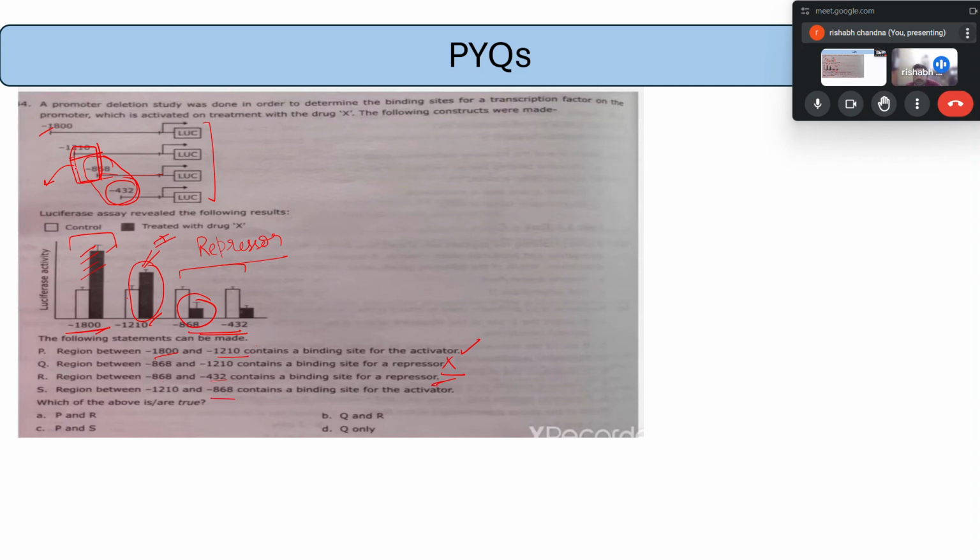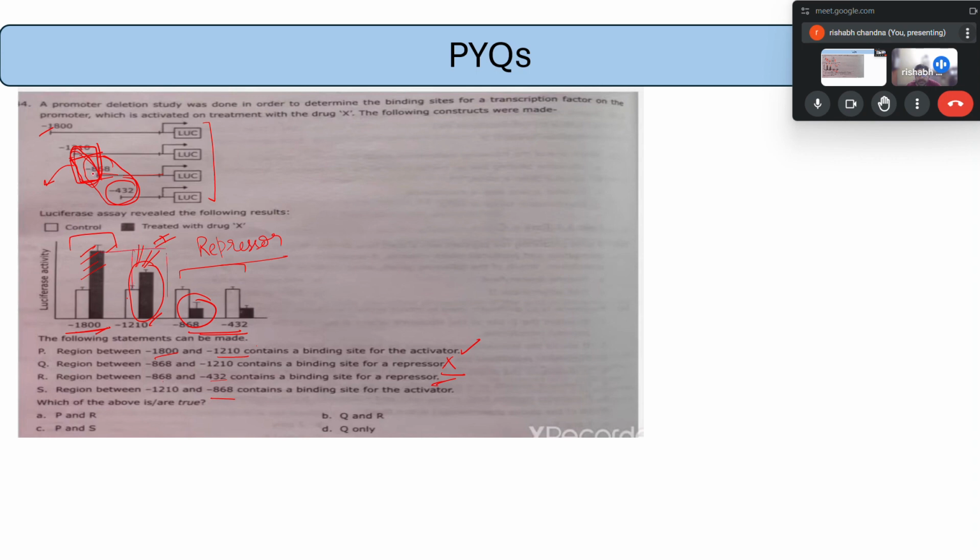No, because if this region would be the binding site for the activator, then this graph would show similar activity as compared to this.